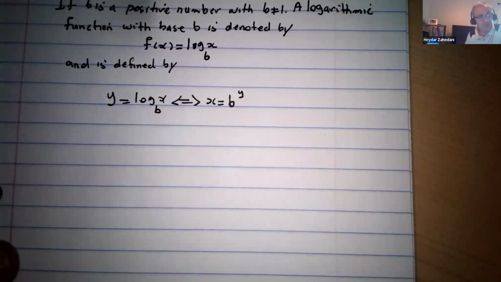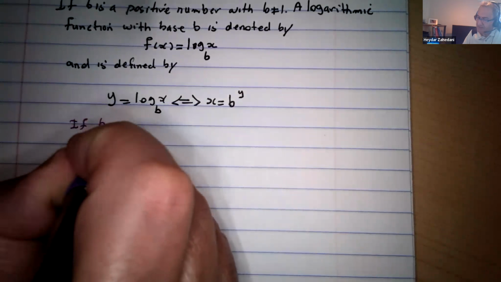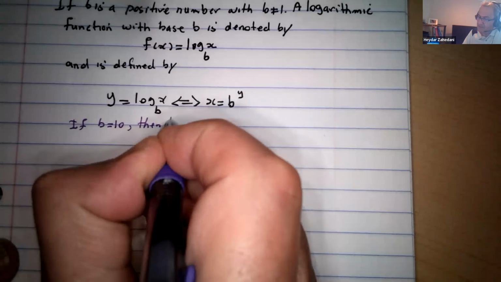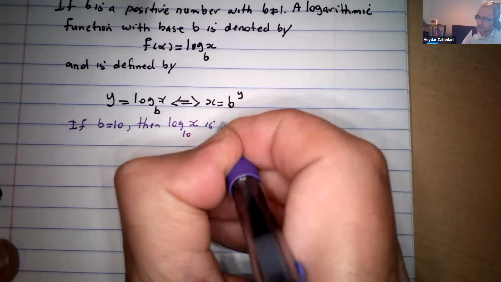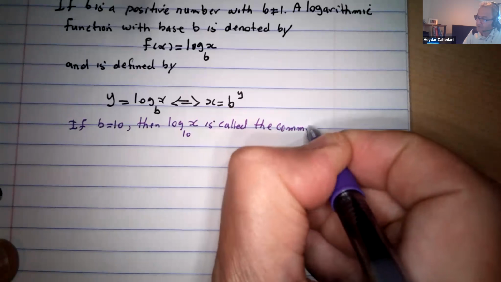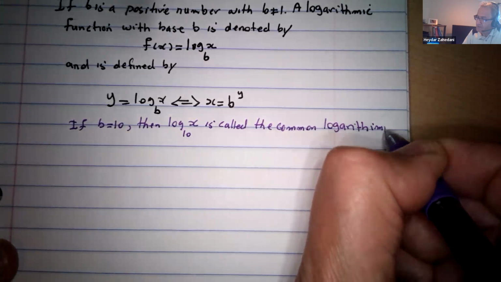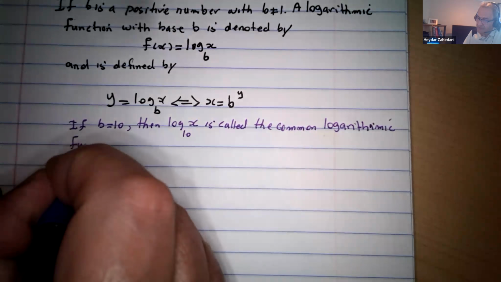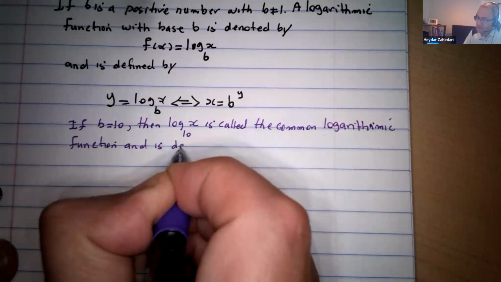Now a couple of notations quickly, the way we're going to do it. If b is 10, we don't write it. If b is going to be 10, then the log of x with base 10 is called the common, usual, common log function, a logarithmic function, and is denoted by the definition.